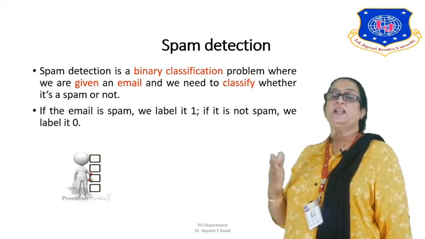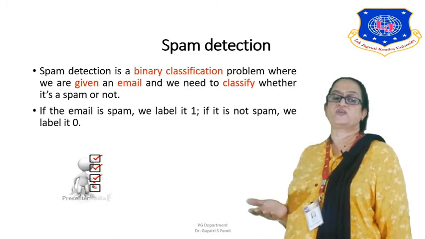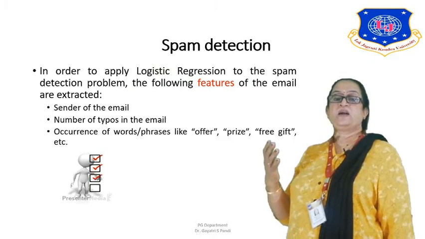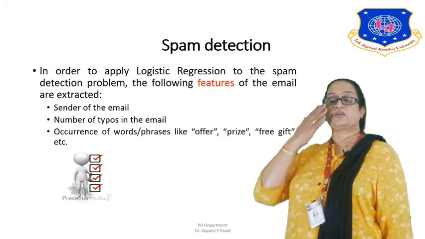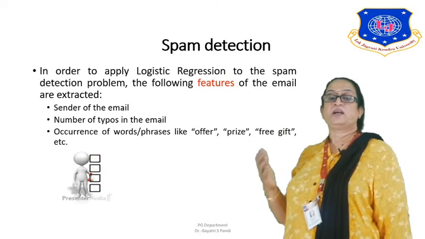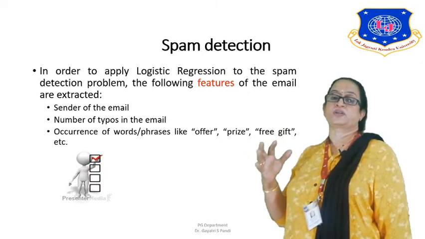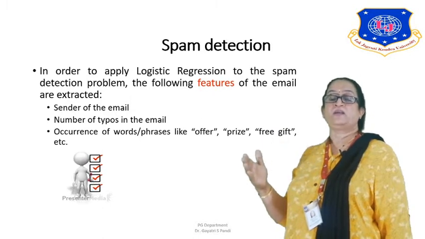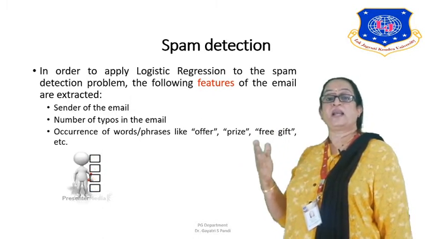So if an email is spam, we label it as 1, and if it is not spam, we label it as 0. In order to apply logistic regression to the spam detection problem, features are used, right? Some of the features of an email could be the sender of the email, and the number of typos in the email.